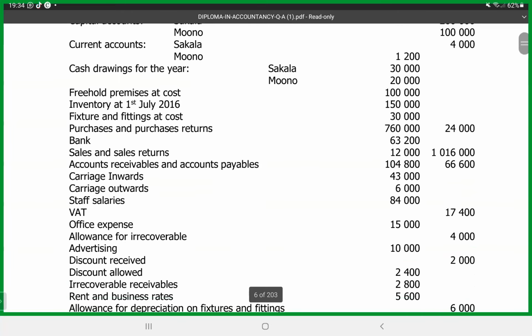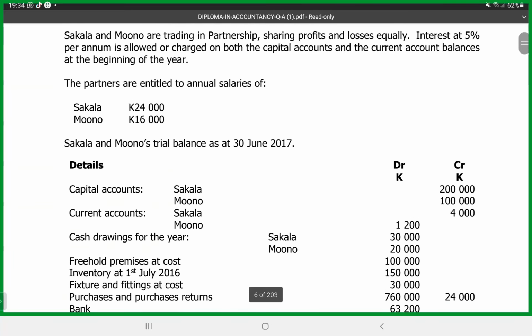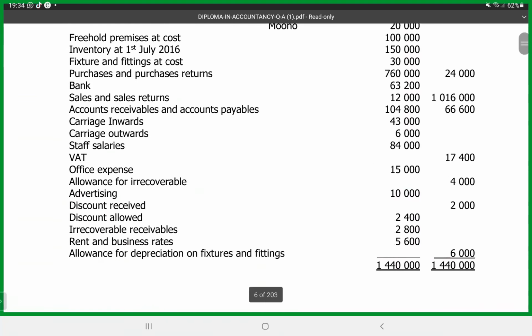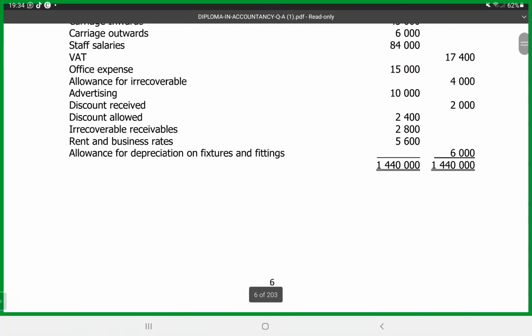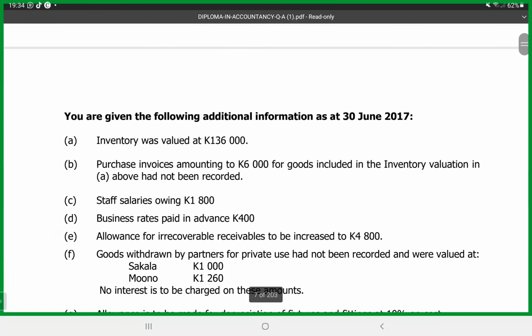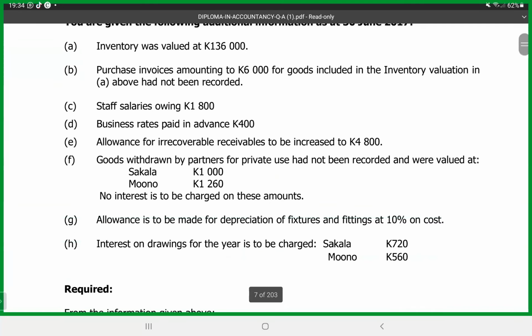Do we have any interest on loan? Let me check. There was no interest on loan, right? So including the additional information, we find that there was no interest on loan. So we won't subtract anything. Just the same value you have in the net profit, we'll go on to the next element, which is adding what? The interest on drawing.